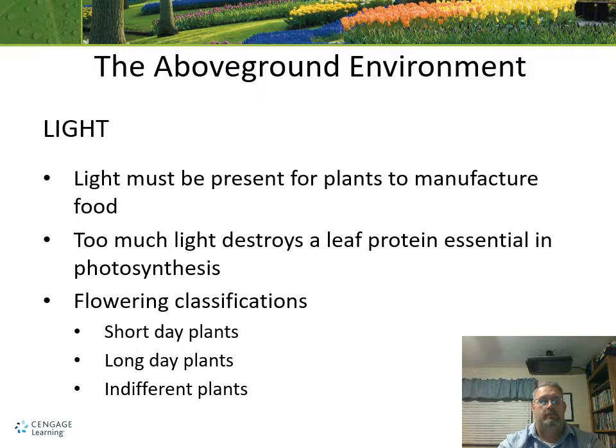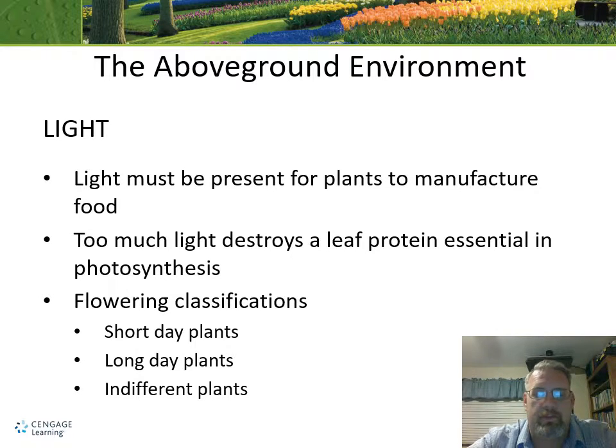Okay, light, we talked about this a little bit, but light must be present. It's the energy source that creates the sugars for a plant. If we have too much light, though, it can destroy leaf proteins and actually will create almost like a sunburn or a sun scald within the plants.